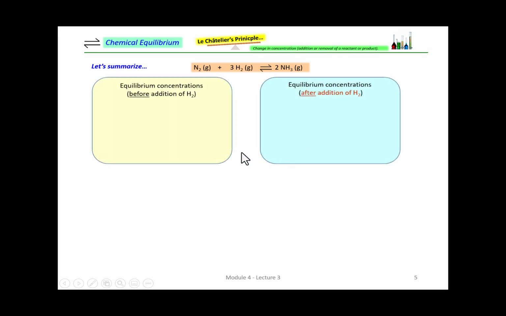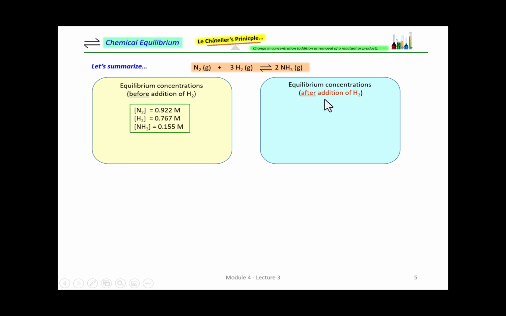So let's summarize what's happened. Here's our equilibrium, and we have the equilibrium concentrations before addition of hydrogen. Remember, this system was happily at equilibrium before we disturbed it. And then we calculated the equilibrium concentrations after the addition of hydrogen.